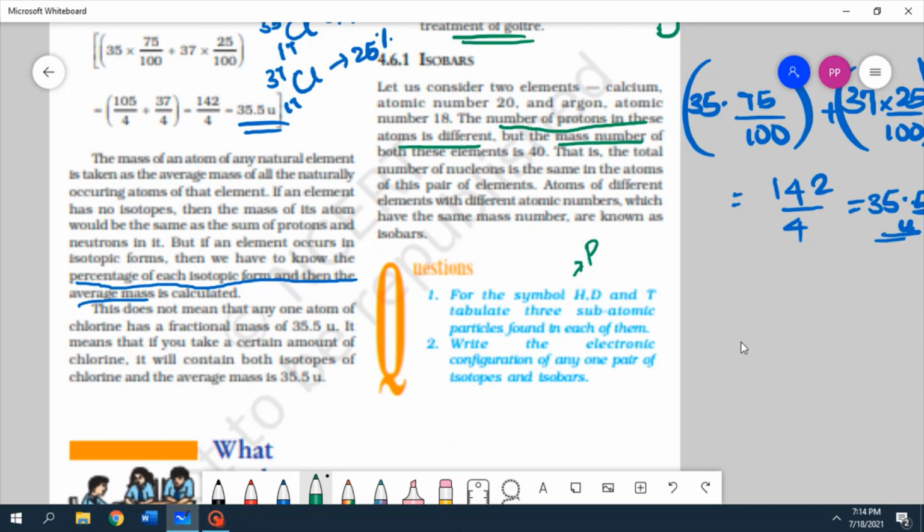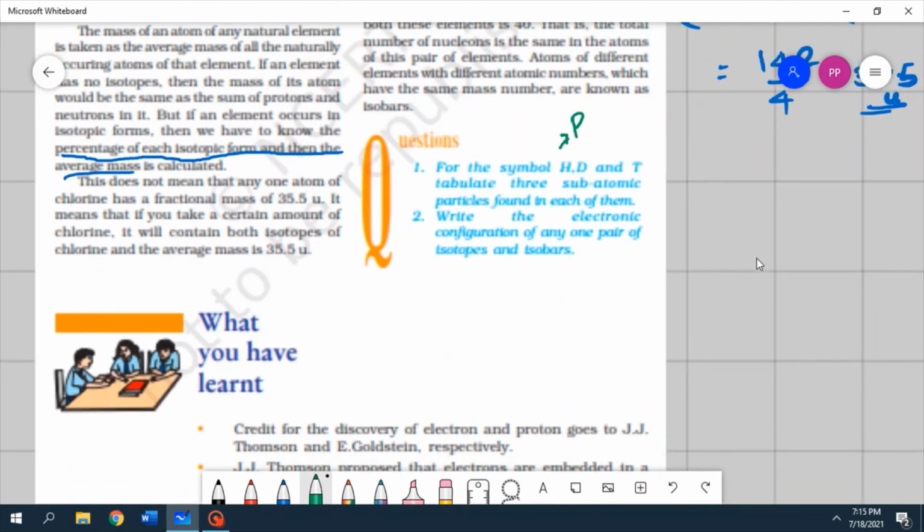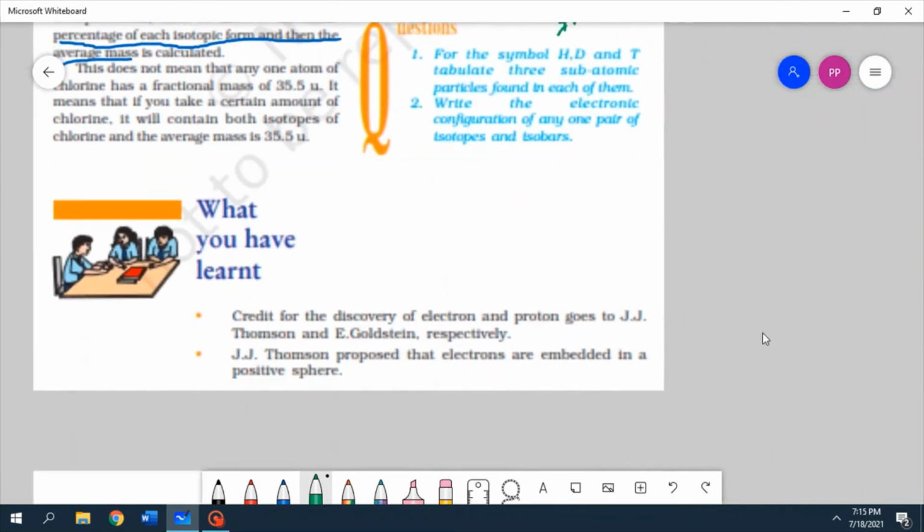Okay, so you will find out the number of protons, the number of neutrons, and the number of electrons in each of protium, deuterium and tritium. Okay, and then write the electronic configuration of any one pair of isotopes and isobars. So I want you to go back to the lesson or rewind this video and see if you find examples of isobars and isotopes. Alright, so with that, we finished the lesson.